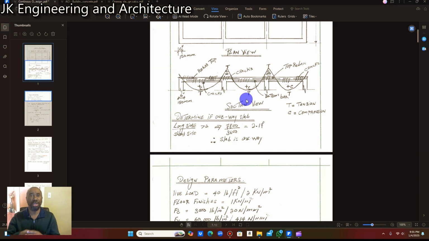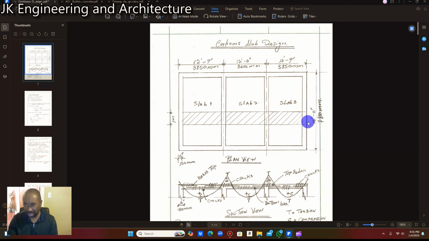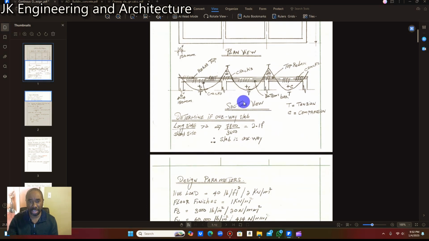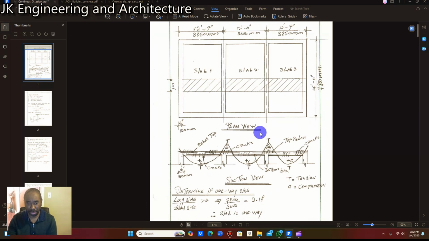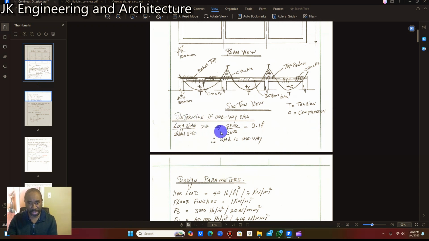So to determine if this slab is a one-way slab, it is the ratio of the long side and the short side greater than 2. All right, so the long side here is 7,800 millimeter, and I'm going to choose this span of 3,600 millimeter, and we're going to divide that 7,800 by 3,600.